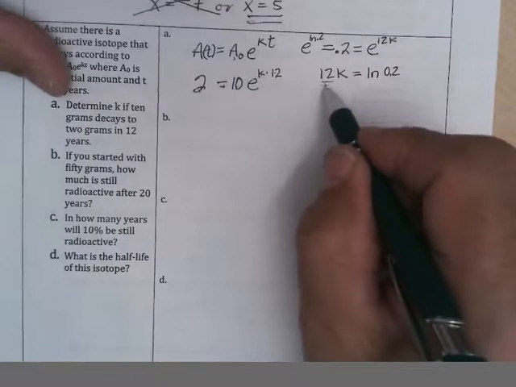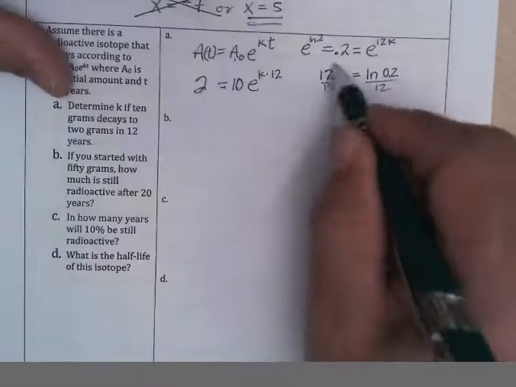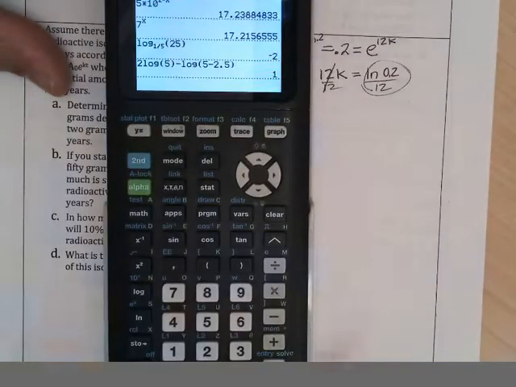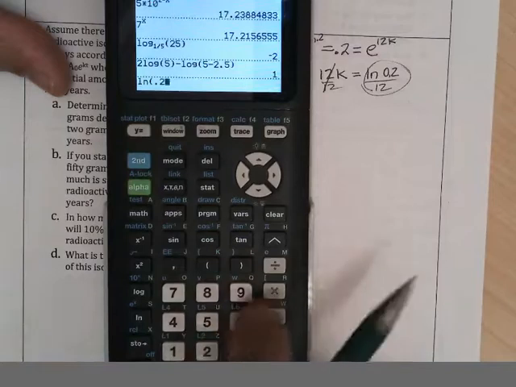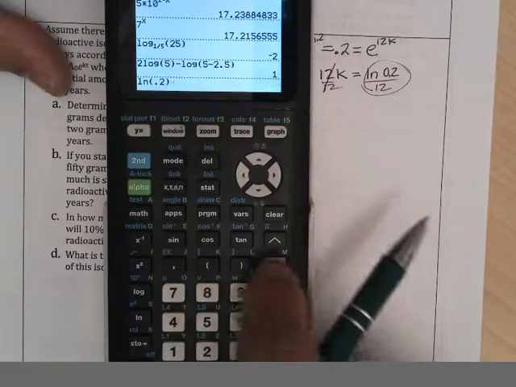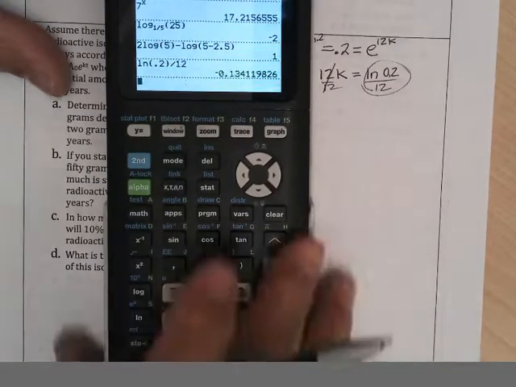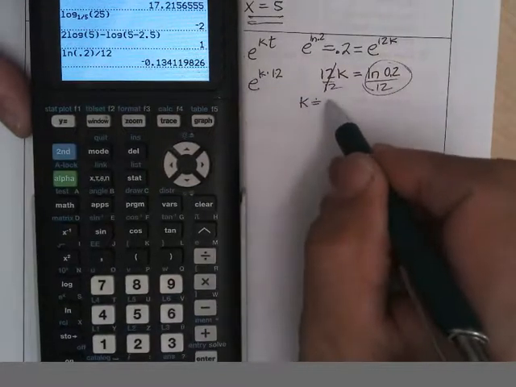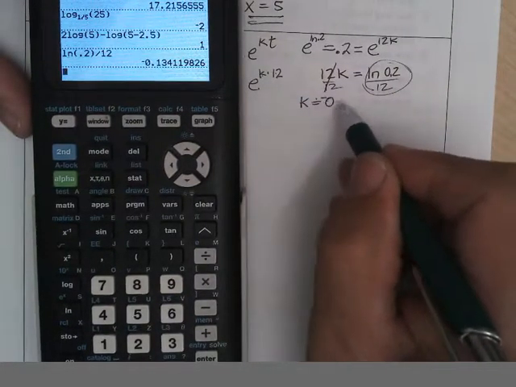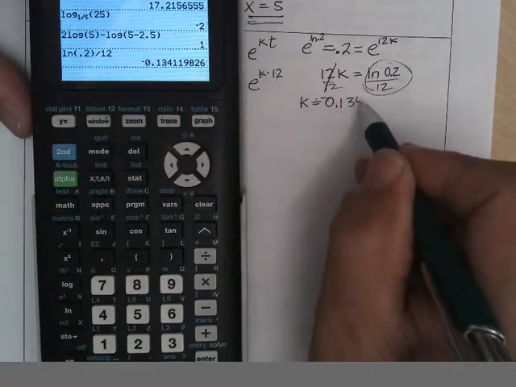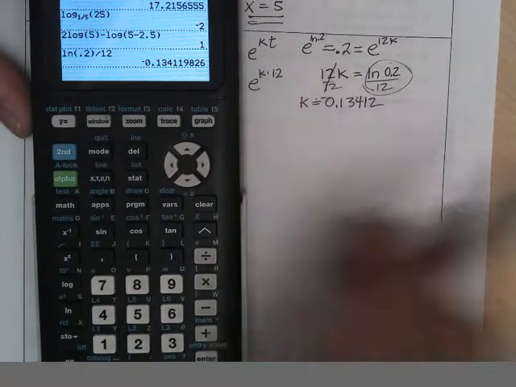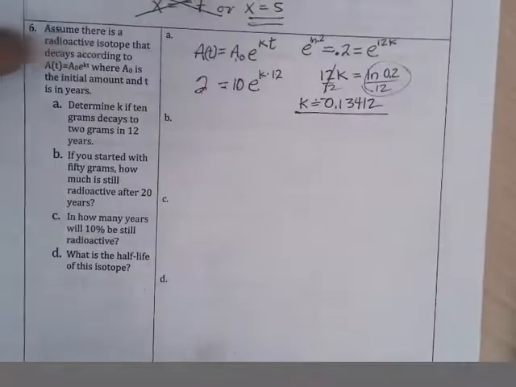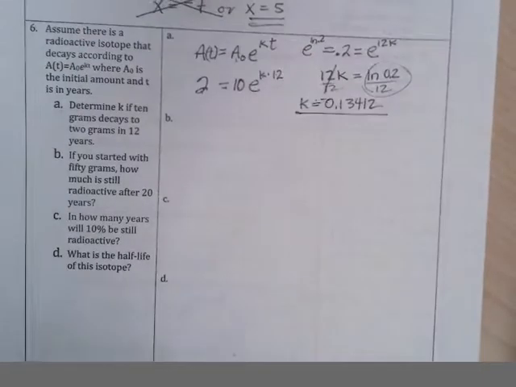And we're going to divide by 12, and this would be the exact value for k. We can also get the approximate value by going ln(0.2) divided by 12, and k approximately is negative 0.13412. So we found the k for this radioactive isotope.